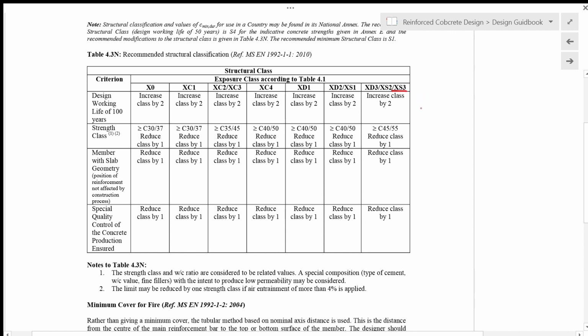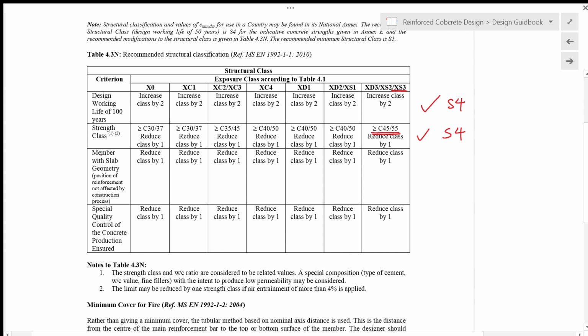So there is no design working life of 100 years, so our structural class remains as S4. And then for concrete strength class, we are not using strength class more than C45/55. So this has been considered and there is no reduction, so still we have structural class S4.